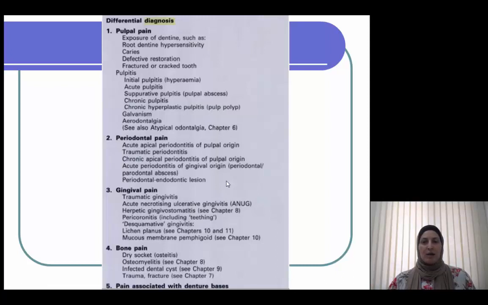When we are talking about dental pain, it does not always refer to pulpal pain. This is one part of the dental pain. It could be periodontal, it could be gingival, or it could be in the bone, or associated with the dentures or with different prostheses. So our topic would be mainly concentrating on the pulpal pain.